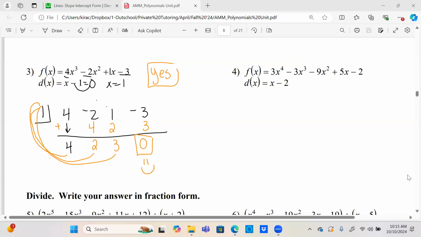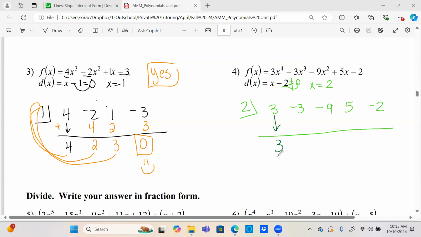And finally, number 4, we can do synthetic because this is a 1, this is a 1, so we're good. We're going to set this little guy to 0, which will give us x is 2. So 2 goes in our box. Make a string of your coefficients. Skip a line, draw a line.